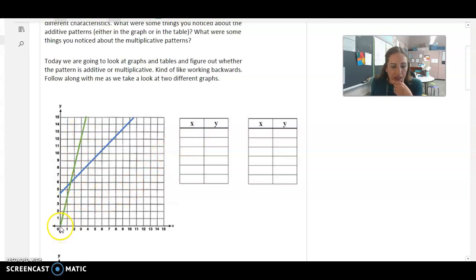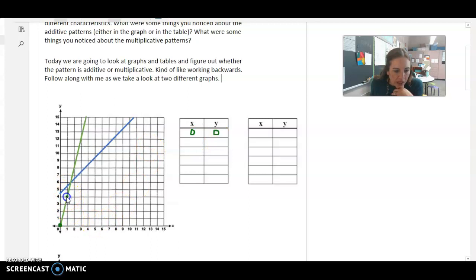So I'm going to look at my line and make some dots where I know I could put the ordered pairs in. So I see that the line crosses through the origin. And we know that the origin is where X is 0 and Y is 0. So that's one of my ordered pairs there.